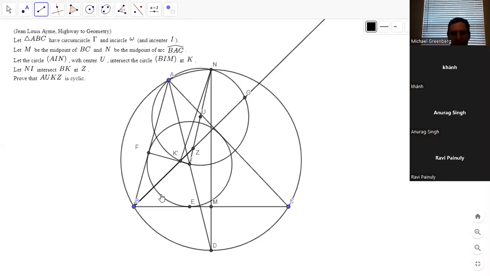So angle IMB, we want to show it's 180 minus angle IK prime B. I forgot how I did this. Oh, because this triangle was similar.